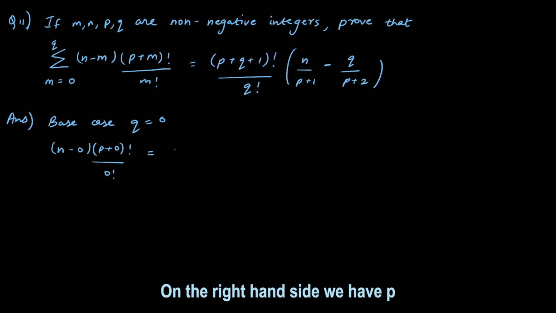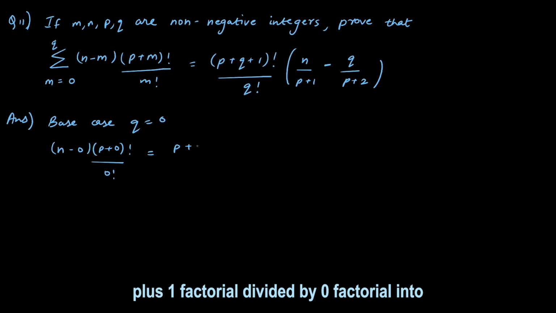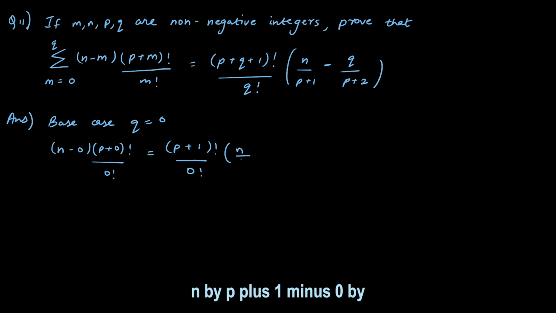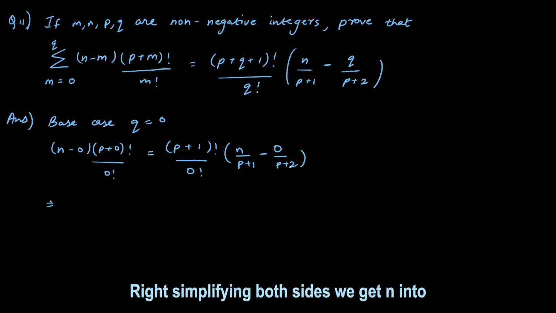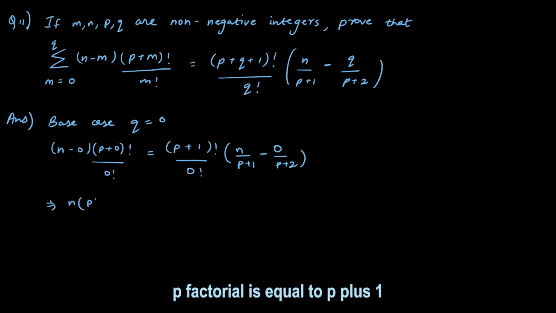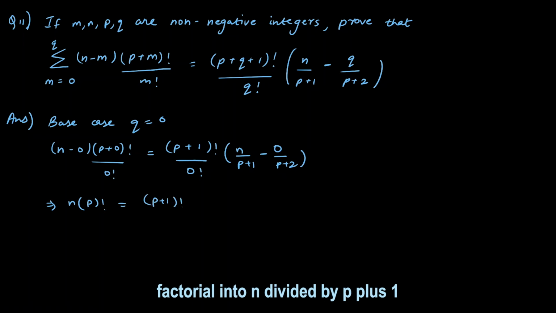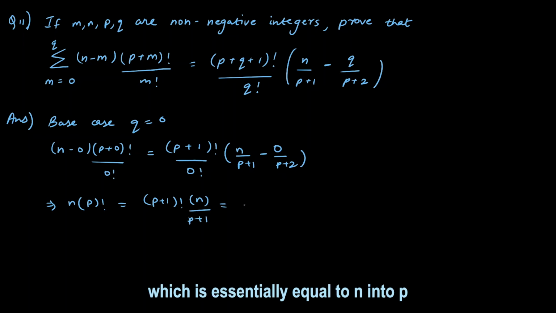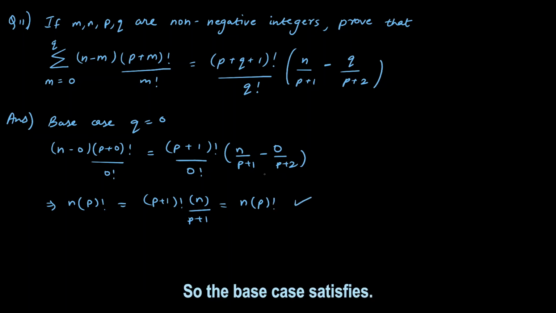On the right-hand side, we have (p plus 1)! divided by 0! into (n by (p plus 1) minus 0 by (p plus 2)). Right, simplifying both sides, we get n into p! is equal to (p plus 1)! into n divided by (p plus 1), which is essentially equal to n into p!.